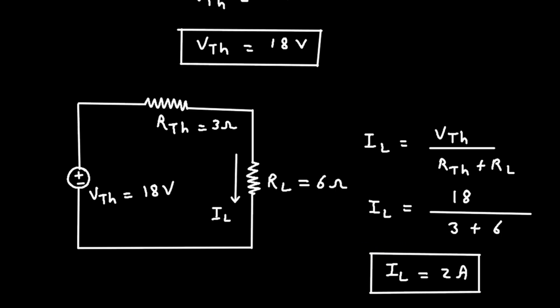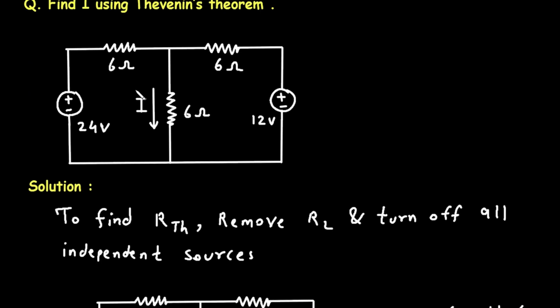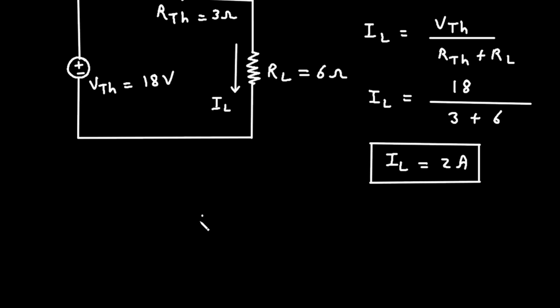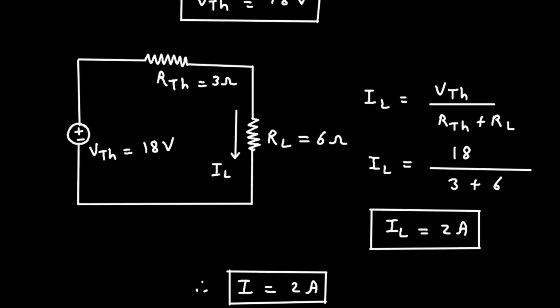That means the value of this current I is 2 ampere. So therefore I is equal to 2 ampere. And also remember that this circuit is called as Thevenin's equivalent circuit.